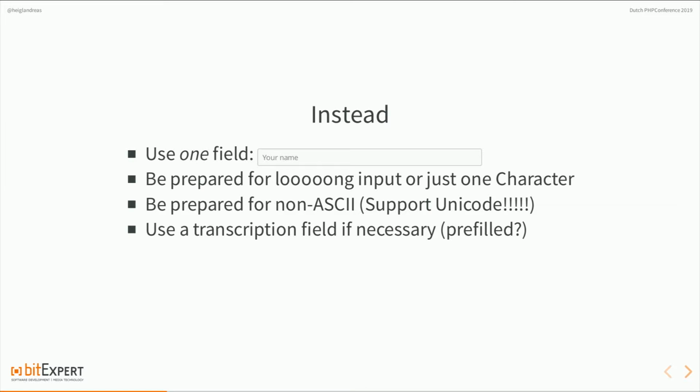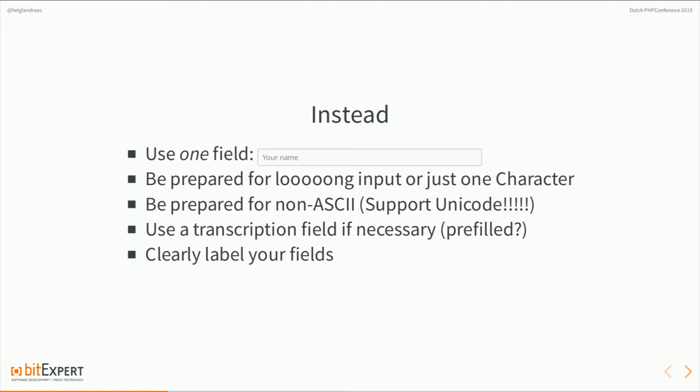Just like, okay, here you can put in whatever you want to be called, or whatever your name is in whatever script it is. And here, please provide us an ASCII transcription. Sometimes that's necessary. If you need to use multiple fields, sometimes that's the case. Then clearly label what you expect in these fields.